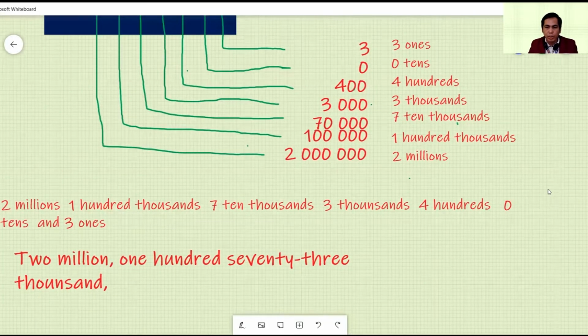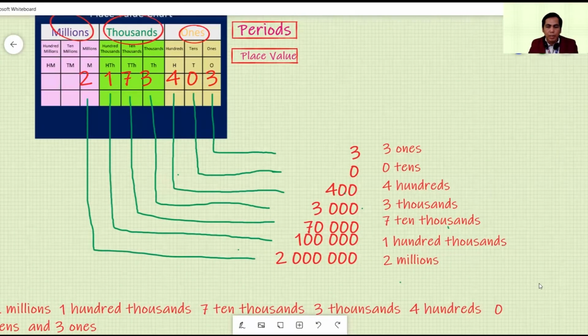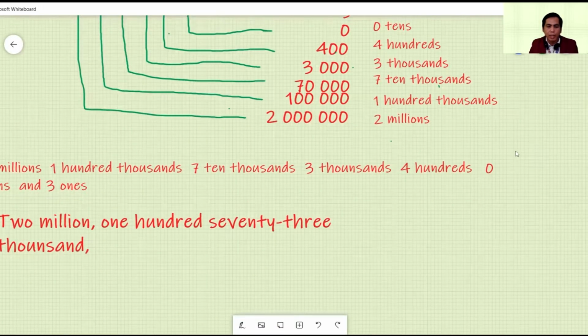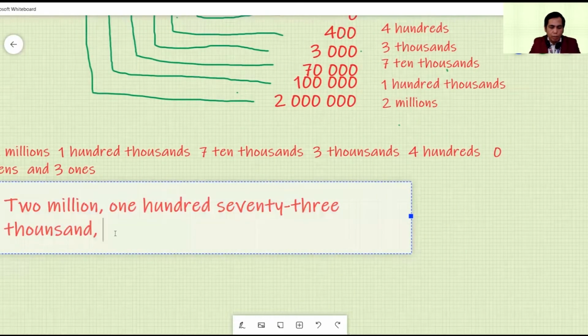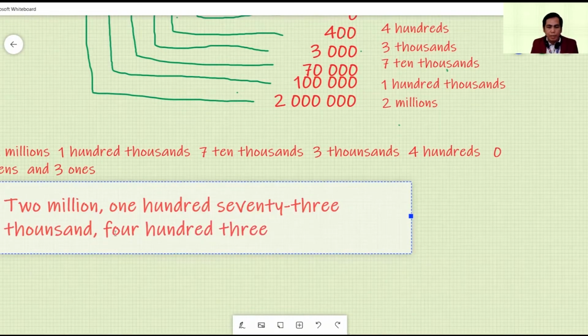Next, let us identify the value of the digits found in the ones place, 403. So we will write here 403. But take note that for the ones period, we don't need to put the period at the end.